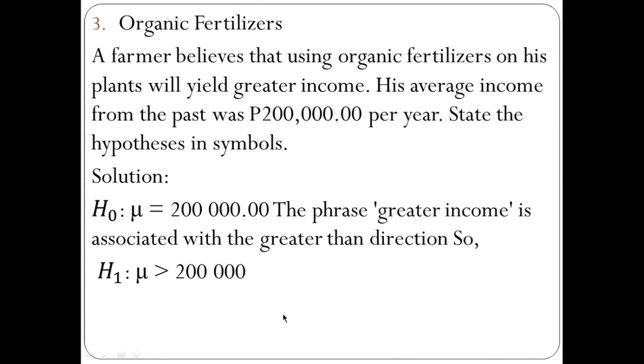So, again, review tayo. When we say null hypothesis and alternative hypothesis, when we say null hypothesis, ito po yung kiniklaim ng problem. Okay, so for example, yung kanina sa first example natin, ano ba yung gustong i-claim ng may-ari? For example, the factory owner claims that every bottle contains 250 millimeters. So, that's the null hypothesis.